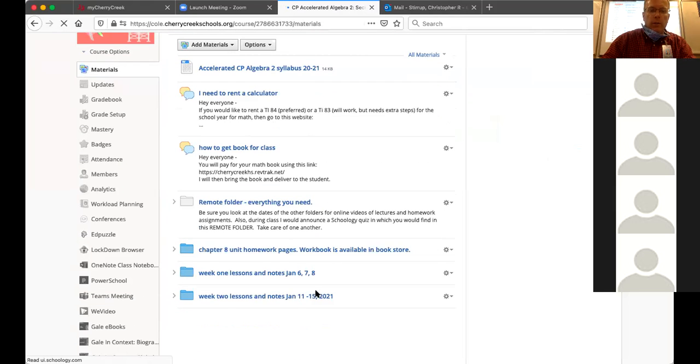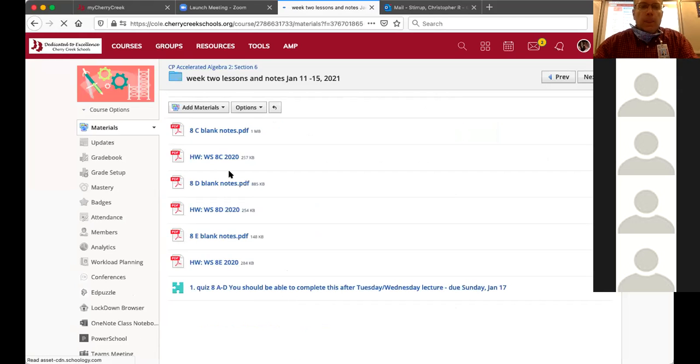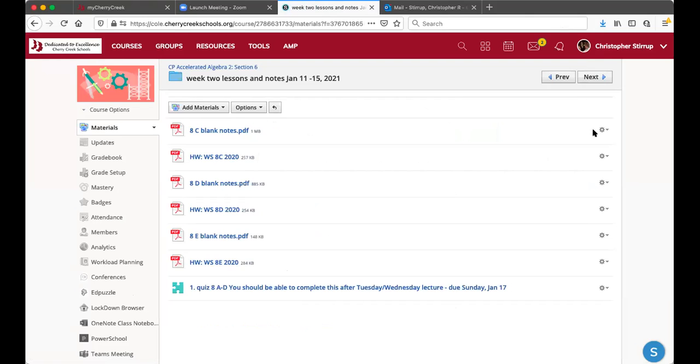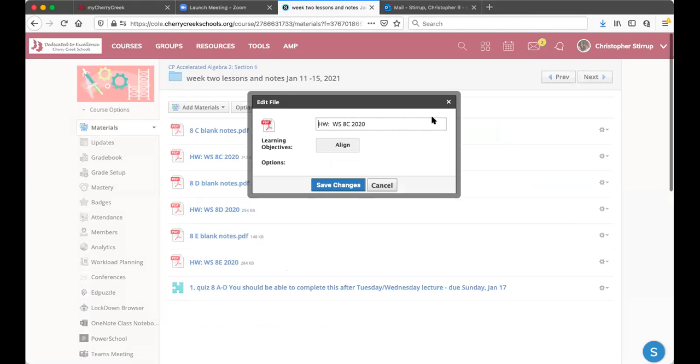All right, so I'm going to go into Algebra 2. And I'm going to go into this week. So I have 8C blank notes. 8C is what I just taught. 8C homework. I will make this due January 12th or 13th.